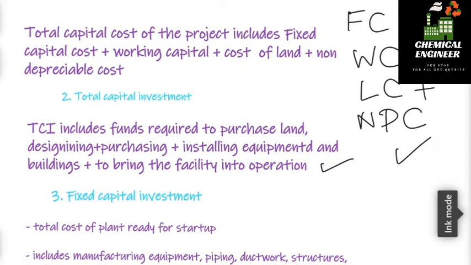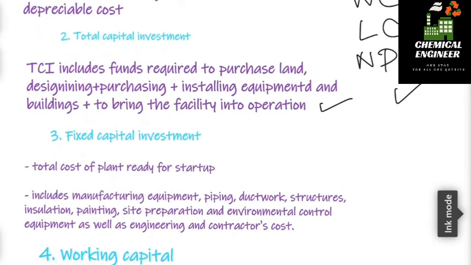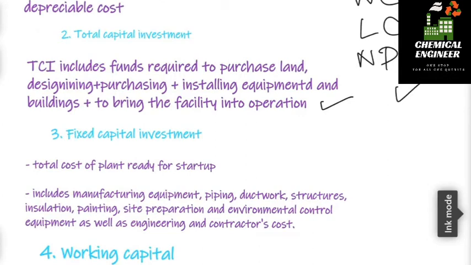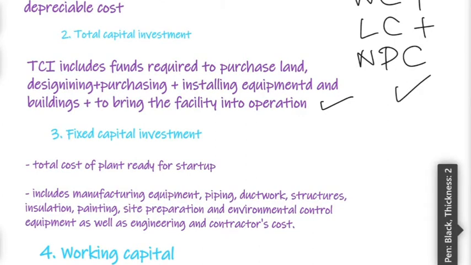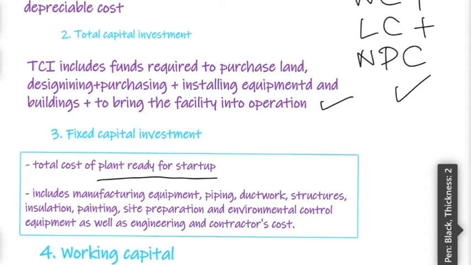Next we have fixed capital investment. Fixed capital investment is the investment required to set up a plant, the total cost of a plant ready for startup. Up to the startup of the plant, the amount that is required is known as fixed capital investment.